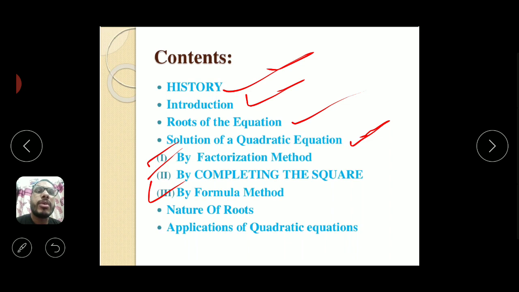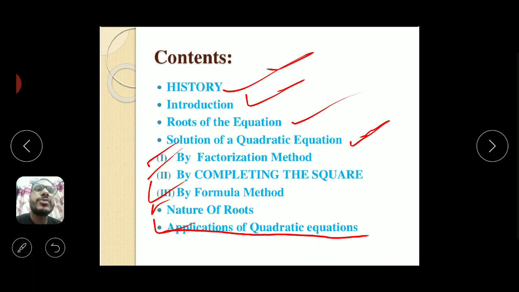And then we'll be talking about nature of roots and then applications of quadratic equation. This particular thing will teach you why we are studying this chapter. So we'll be understanding through a few application problems.